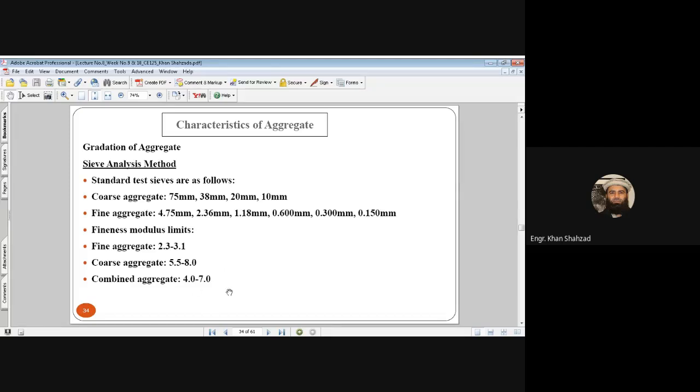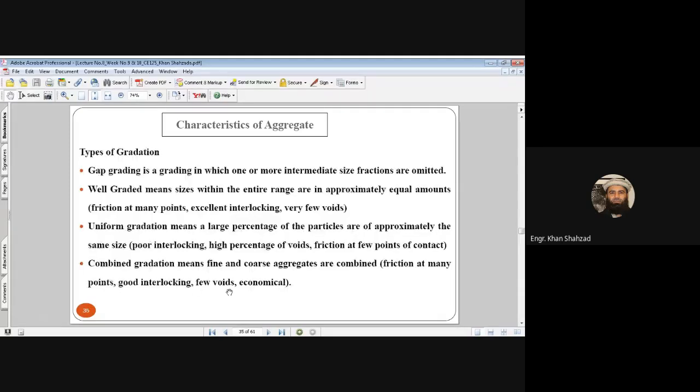These are the limits. Now, types of gradation. We have already discussed with the help of a diagram that gap grading is a grading in which one or more intermediate size fractions are not present or omitted. Well graded means sizes within the entire range are in approximately equal amounts. There will be friction at many points, excellent interlocking between the particles, and very few voids.